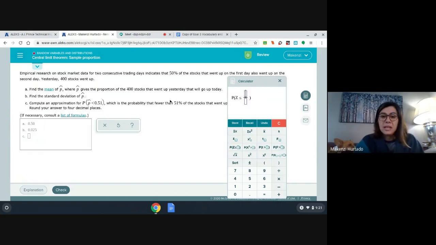So here our sample proportion is 51%, 0.51, minus our given, our original, which was 0.50, over our standard deviation, which we just got, 0.025. Round to 4 decimal places, 0.6554.